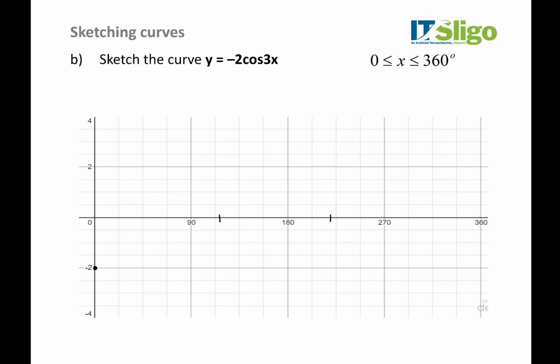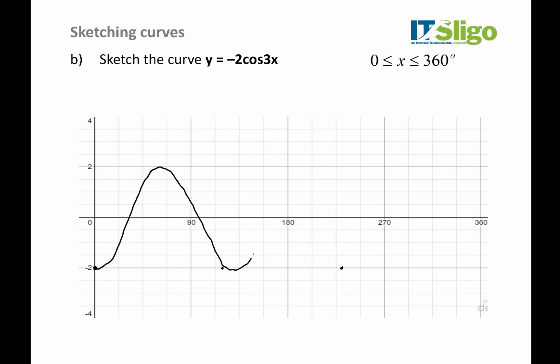My amplitude is going from plus to minus 2. My first wave should finish about here, my second wave about here, and my third I'll move over a little bit. I have to try and divide this up equally. It takes a little bit of planning when you're doing this.